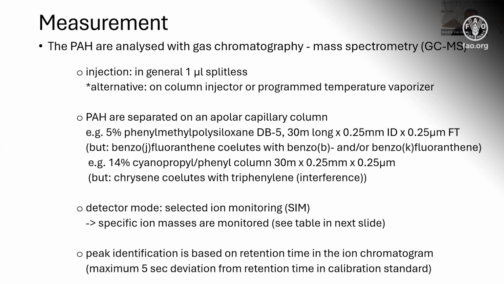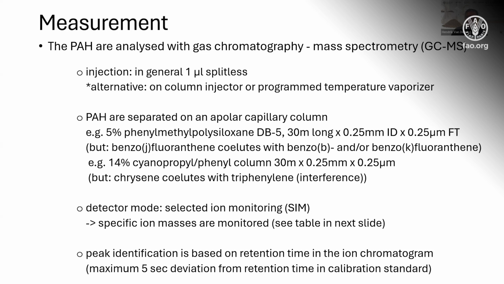The drawback of this column is that benzo[b] and benzo[k]fluoranthene are not separated. We can separate these components on a 14% cyanopropylphenyl column with the same dimensions, but then we have a coelution of chrysene and triphenylene. So neither column is perfect, but these are the columns that we generally use.